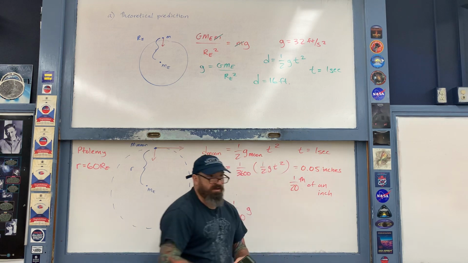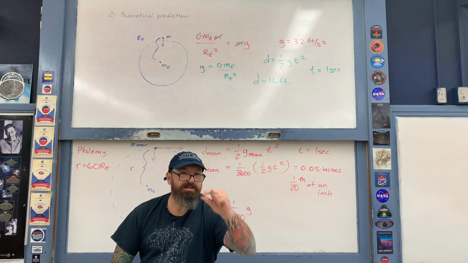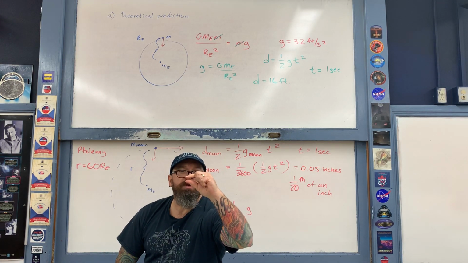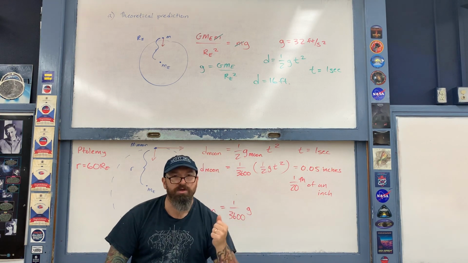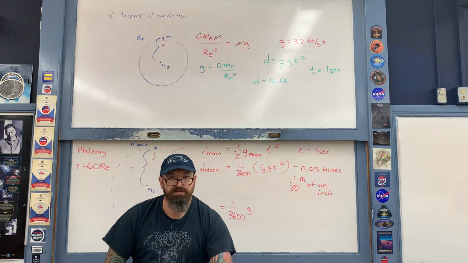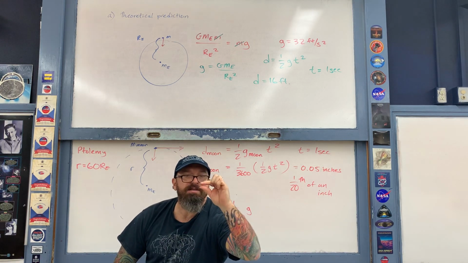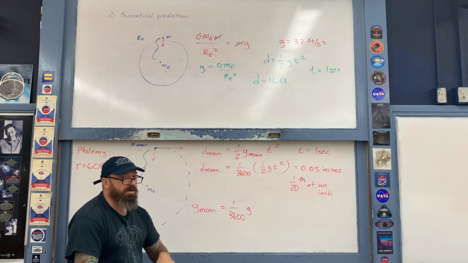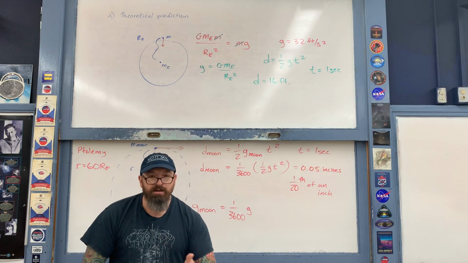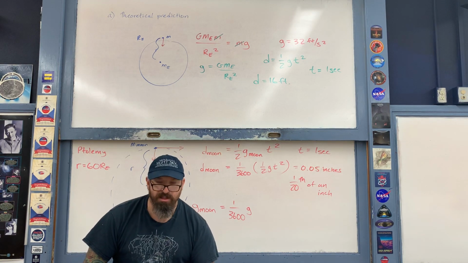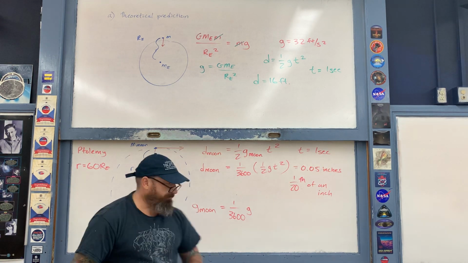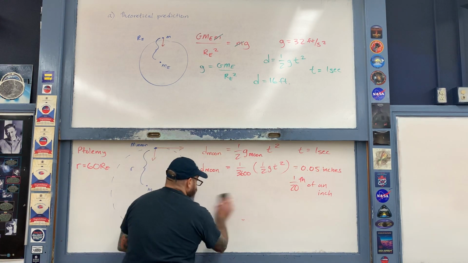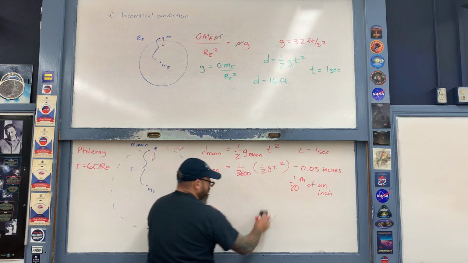Now, 1/20th of an inch is an extremely tiny distance. That's like the distance between my thumb and my index finger right here. That distance there is about 1/20th of an inch. According to the theory, the moon falls that distance below this horizontal line in 1 second. And now let's calculate what actually happens using the moon's orbital data. That's part B of the problem. So this right here is the theoretical prediction.